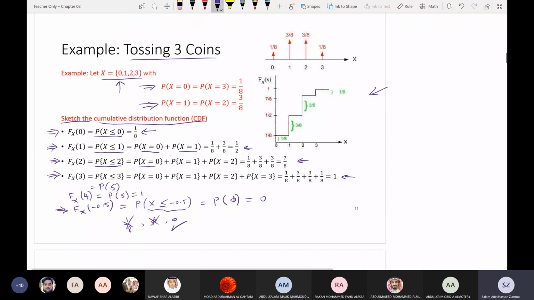Now another question. What is F_X of 1.5?